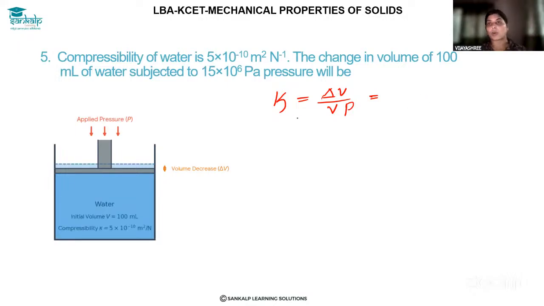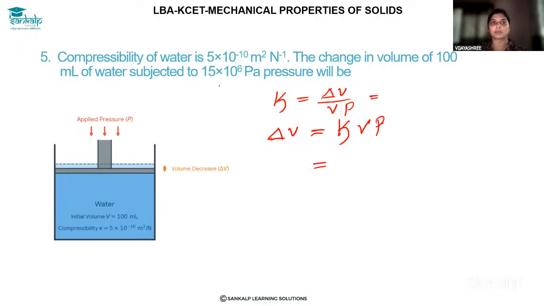So what is the compressibility of water? Let me repeat, it is the fractional change in the volume per unit pressure. So delta V, that is change in the volume, can be defined as compressibility into volume into pressure. So just substitute.